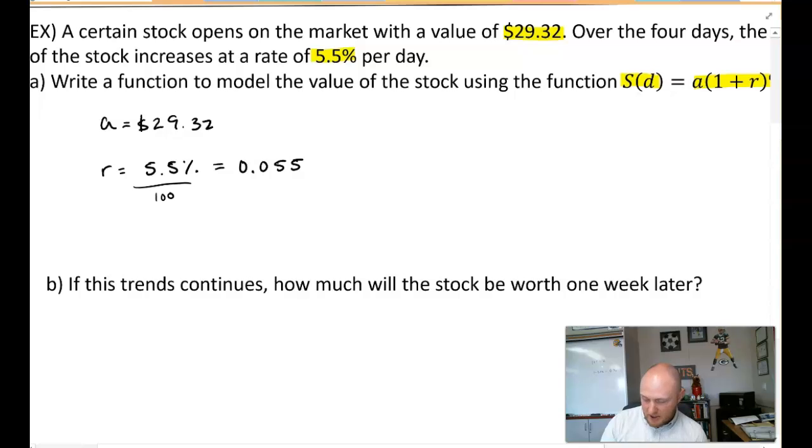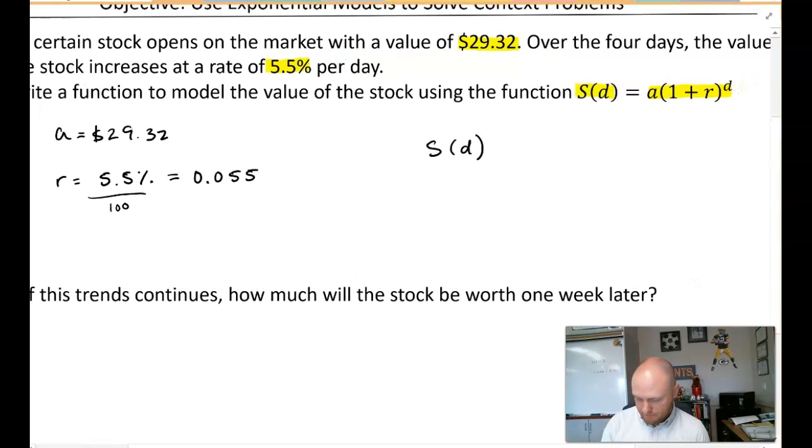Let's write our function. So S, the stock, based upon the day, and again, this model is only good for 4 days. So S of D is equal to A, so I have 29.32 times 1 plus 0.055 to the power of D. And again, we'll simplify this.